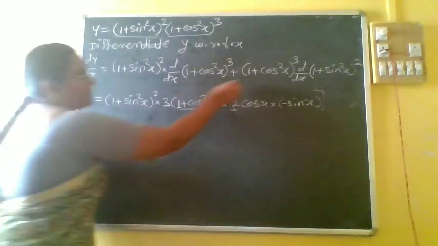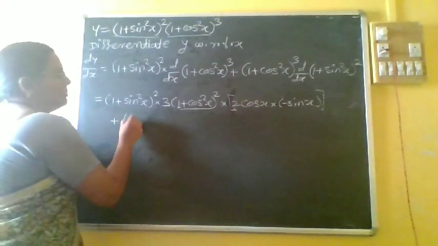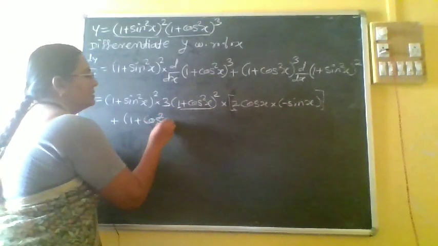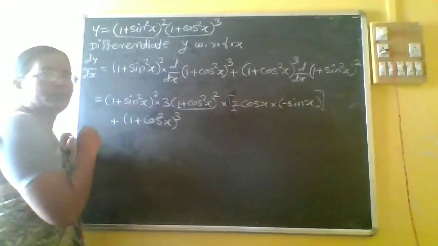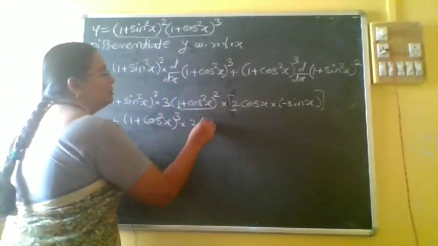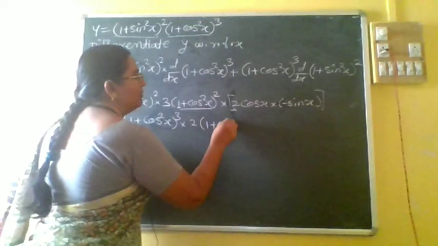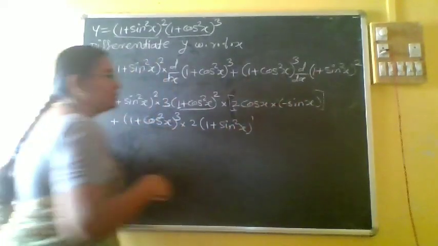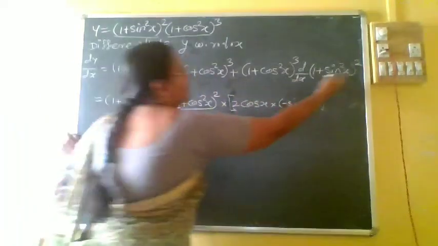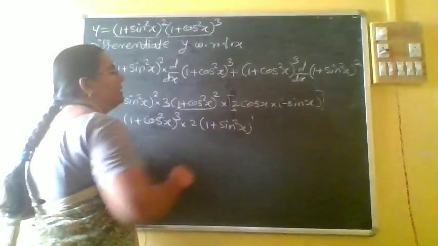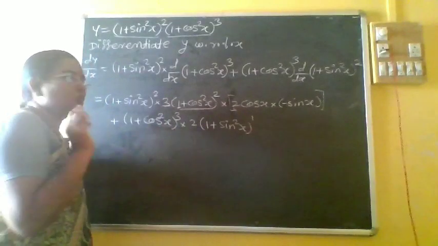Then plus next term is 1 plus cos square of x bracket cube. Derivative of this is 2 into 1 plus sin square of x raised to 2 minus 1, that is raised to 1. This 2 comes down and the power becomes 2 minus 1, that is 1.